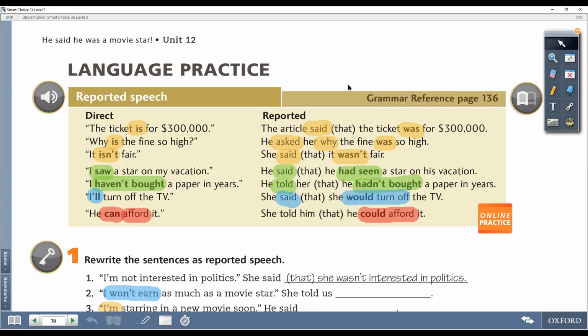When do we usually tell someone what somebody said? When do we usually report something? Yeah, when we gossip. That's true. So when we gossip, we usually tell other people what somebody said, and that's not a good thing to do, right?